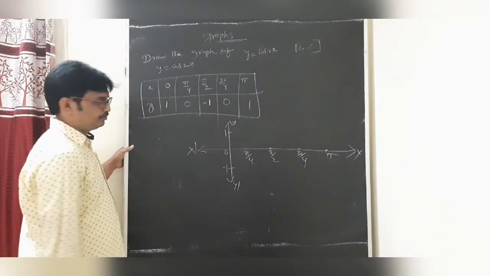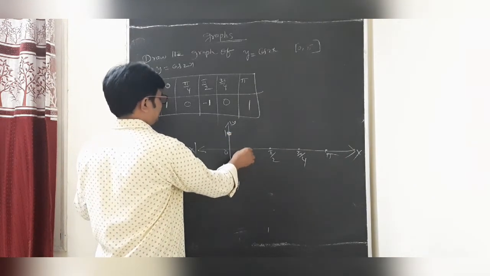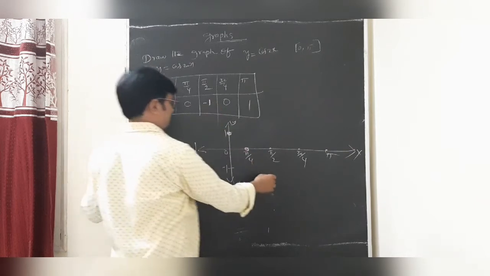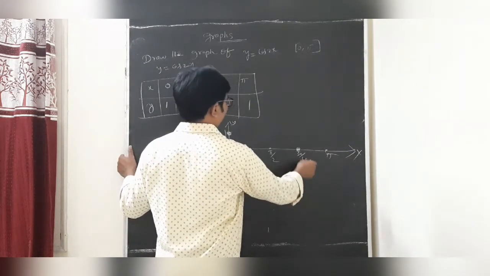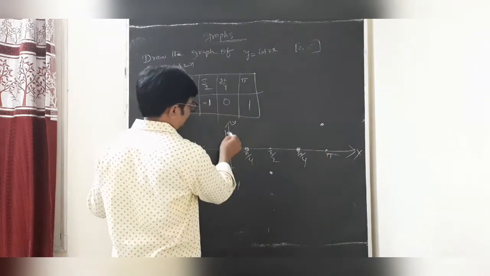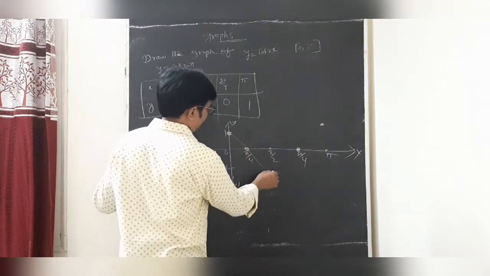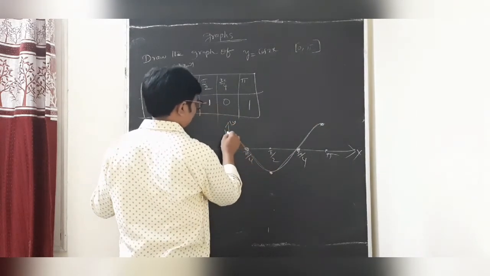What we observed: cos 0 is 1, cos pi by 4 is 0, cos pi by 2 is minus 1, cos 3 pi by 4 is 0, cos 2 pi is 1. This is the graph. Is it clear students?